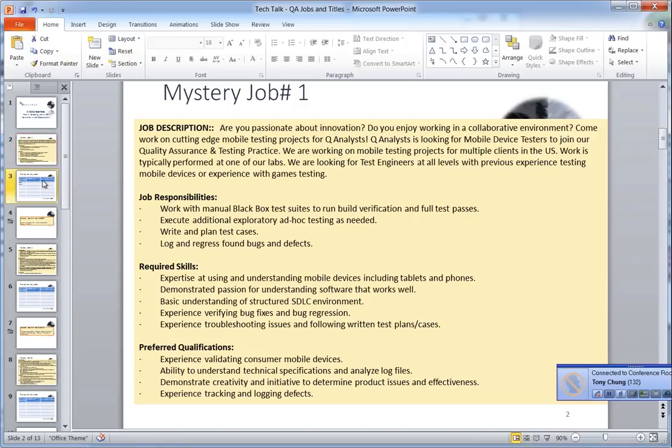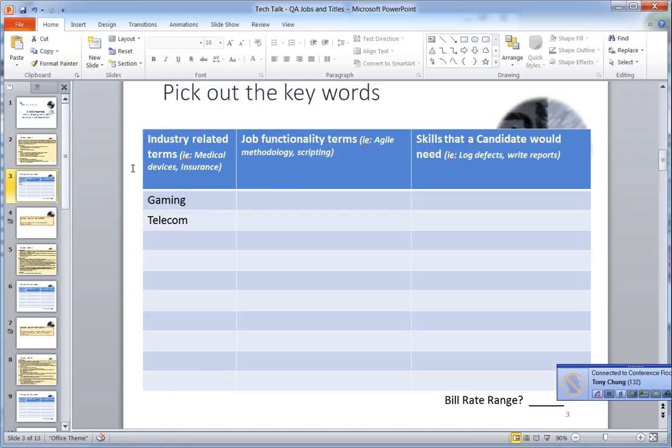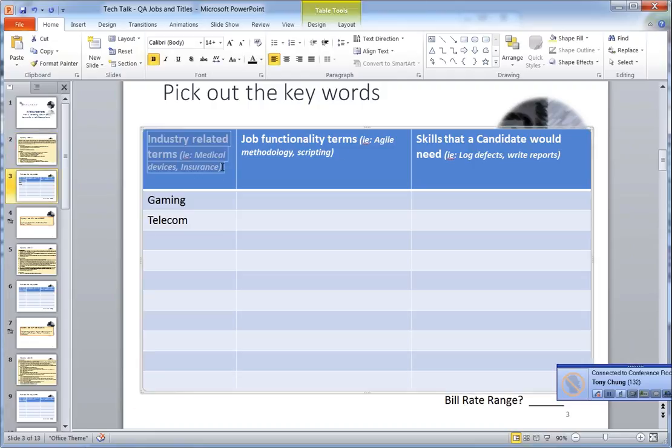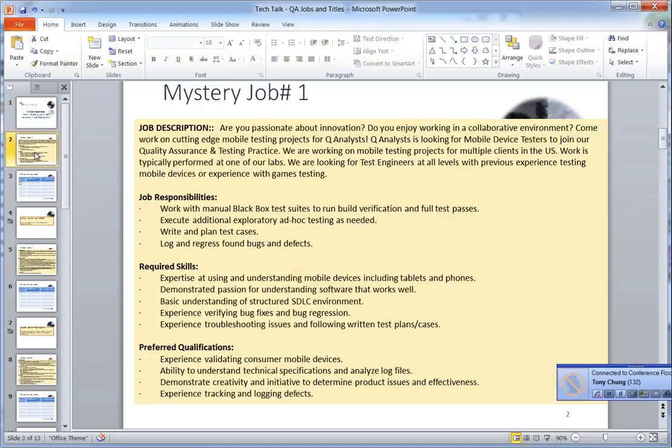So, Tony, are we looking for words specifically in this job description? You're trying to pull out of this job description what industry you think a job like this applies to. So it's not necessarily specifically mentioned in there. I purposely took that out. We don't know the company name here. Yeah, those would be the 2. Anybody else? It would be hard for me to pick a company that wouldn't apply to.